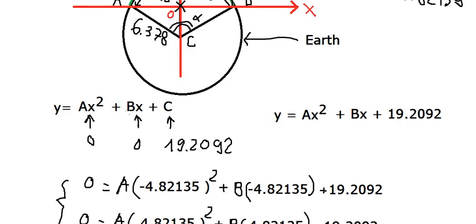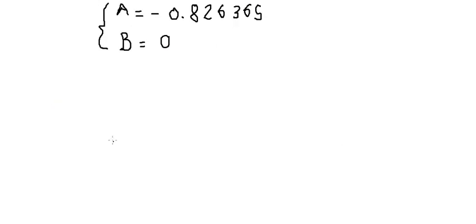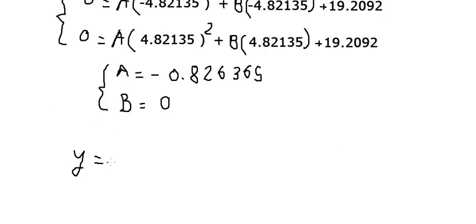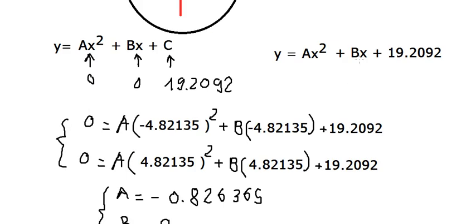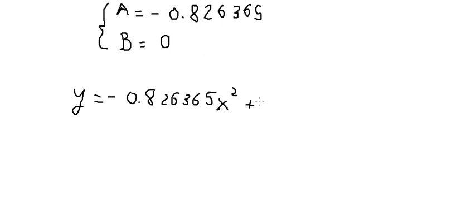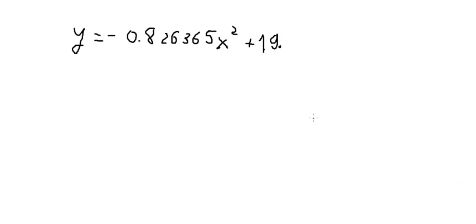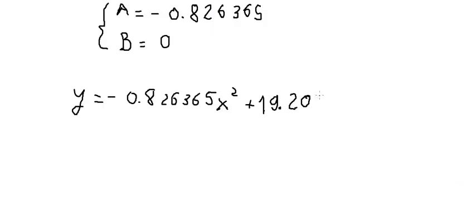We input a and b in here, and we got y equals negative 0.826365 x squared. b equals 0, so we just eliminate bx, and we have plus 19.2072.